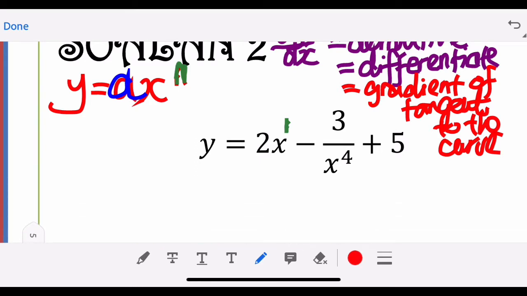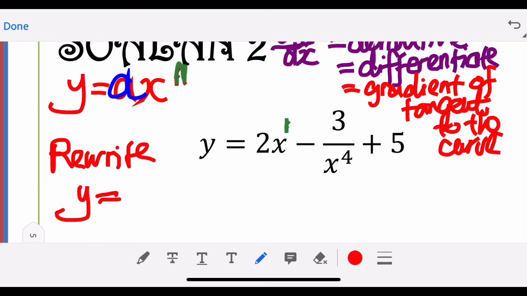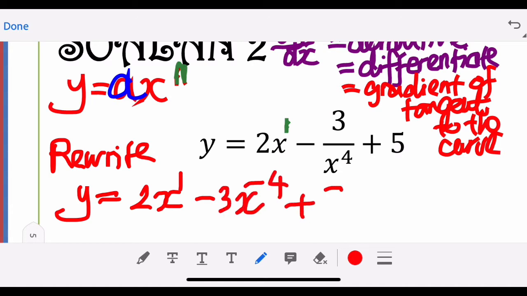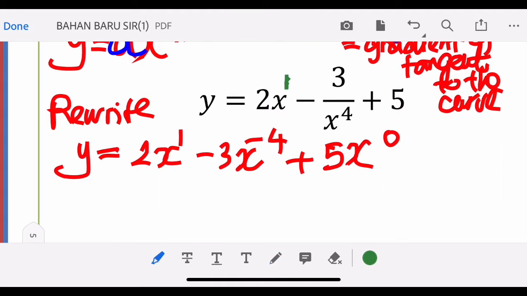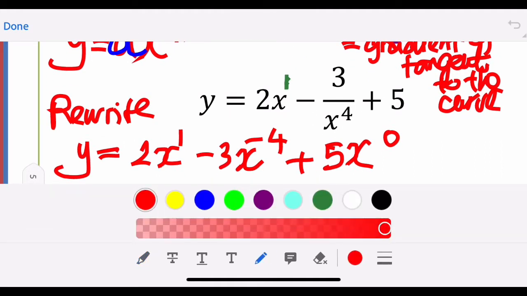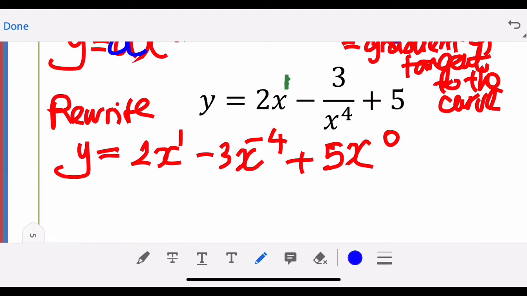For example, the first term, we have y equals 2x to the power 1, then minus 3x to the power negative 4, plus 5x to the power 0. We need to have the shape of ax to the power n, which is so-called the power form.